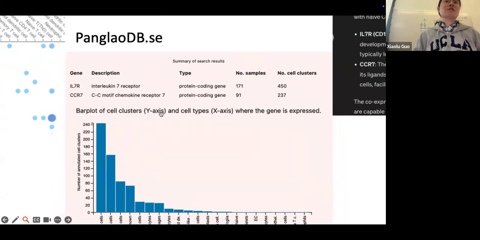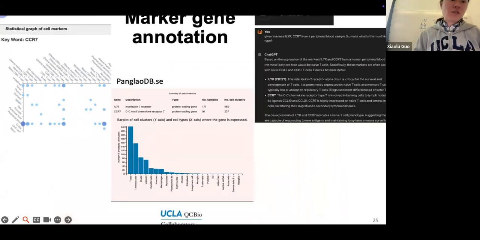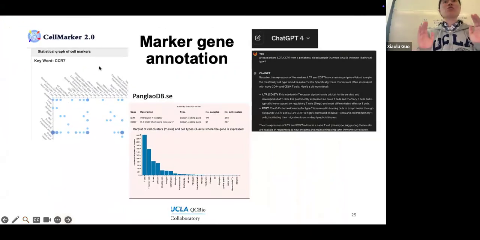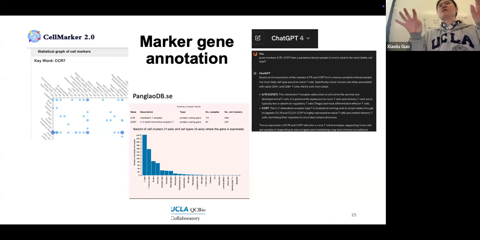The genes, Excel, CSV file. For all of these, you already identified some marker genes for each cluster, and then you want to see what cell type each cluster is, so you input the gene names, and then they will tell you this should be T cell, this should be B cell, this should be macrophage, etc.